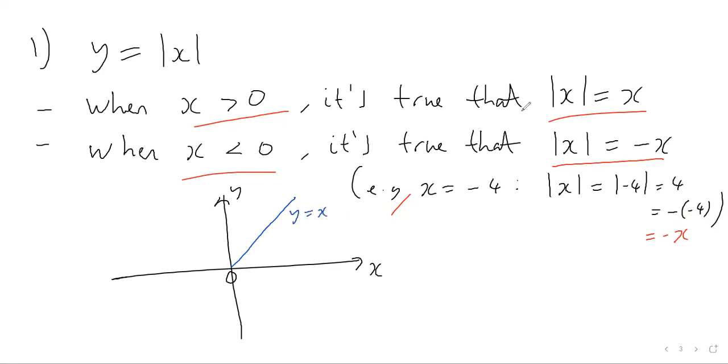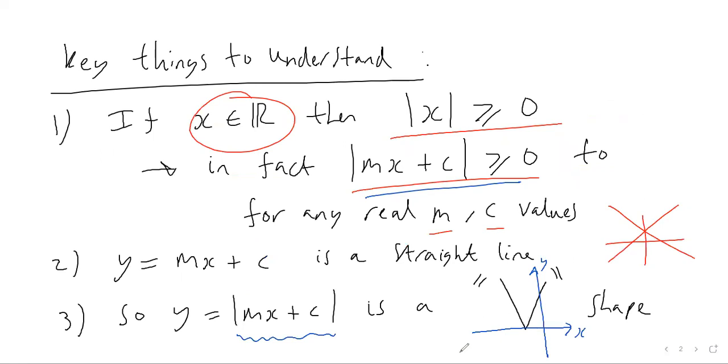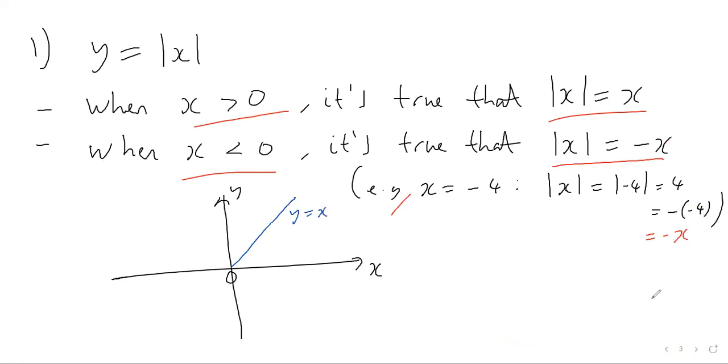Using the reasoning that we expect a V shape because of the non-negative nature of modulus functions, we get a reflection over the y-axis, which is y equals negative x, because when x is less than 0, the modulus of x is equal to negative x.